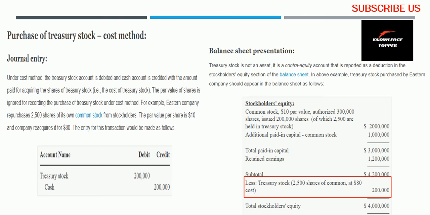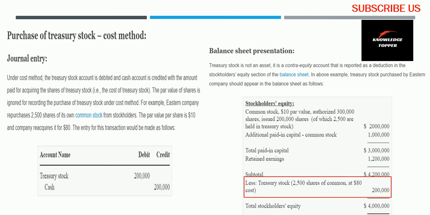For example, Eastern Company repurchases 2,500 shares of its own common stock from stockholders. Remember, this is a repurchase. The par value per share is $10 and the company reacquires it for $80. So the entry for this transaction would be made as follows.